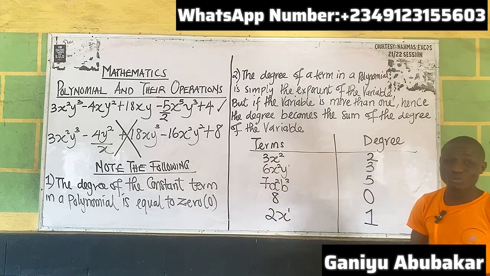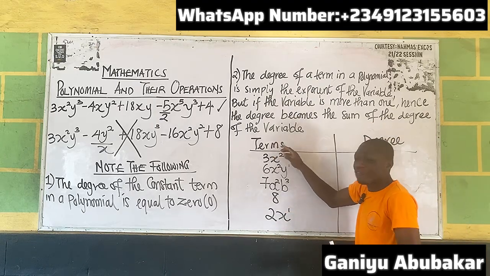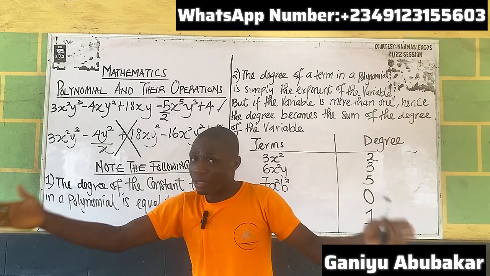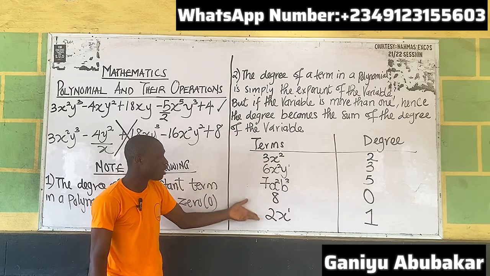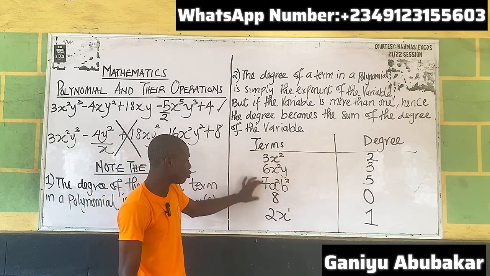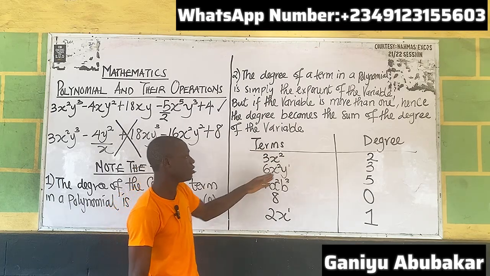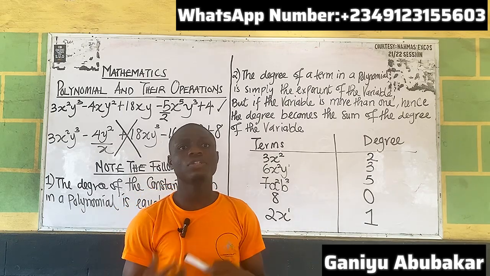This is how to spot the degree of a term, not the degree of a term in a polynomial. It's just the degree of a term alone. I've shown you how to get the degree of terms. Each family is this way. We did it individually. This is how you get the degree of each individual term.